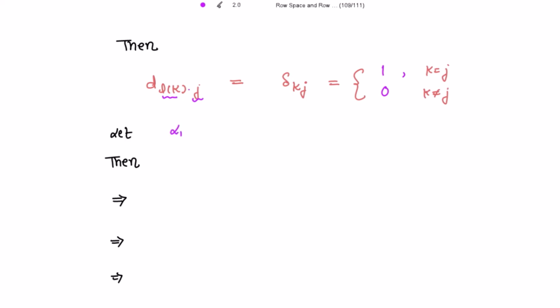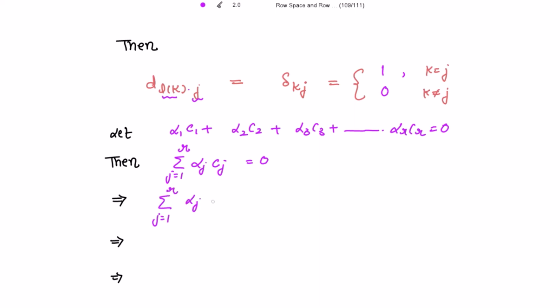I am taking the scalars to be alpha 1, alpha 2, and so on. So alpha 1 C1 plus alpha 2 C2 plus alpha 3 C3 plus so on up to alpha r Cr is equal to 0. Writing this in summation form: summation of alpha j Cj, where j goes from 1 to r, is equal to 0. Each Cj is written in terms of D_ij, because the element in each column can be represented as D_ij.